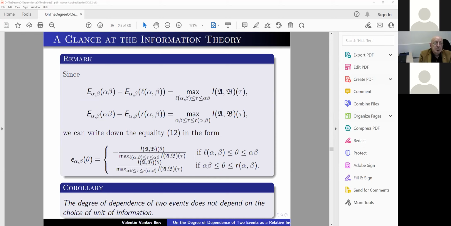And these 2 formulas imply a very important corollary. The degree of dependence of 2 events does not depend on the choice of unit of information. The unit of information is, by the way, the base of the logarithm. So it doesn't matter if those are bits or nats or any base, which is an important property.